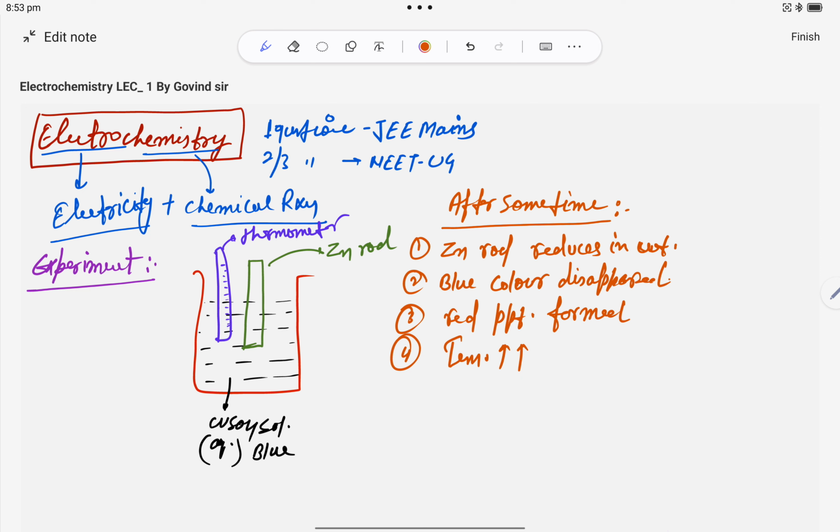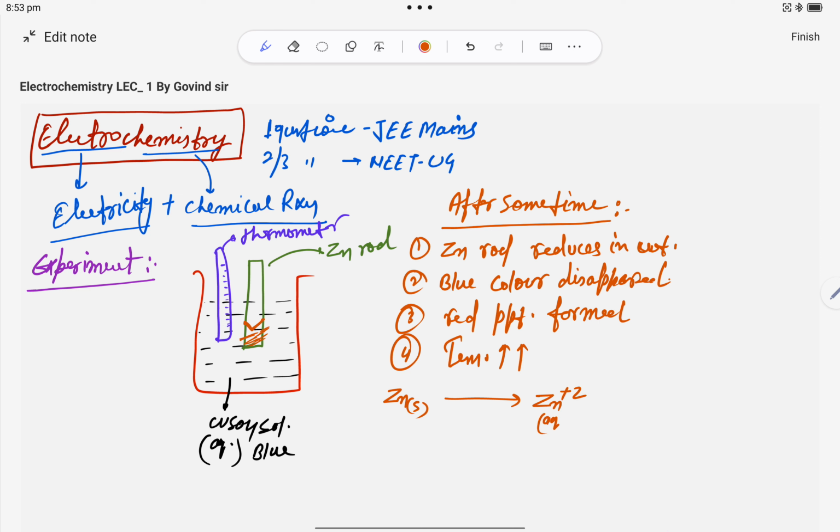So why did these observations come, children? Because some internal reaction happened. What process happened inside? The zinc rod reduces in weight. What happened in the zinc? Zinc solid converted into zinc aqueous.